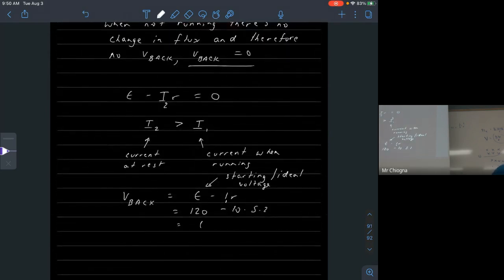This works out to be 68 volts. What's that voltage doing? It's subtracting from this, in the opposite direction to the voltage of the battery.